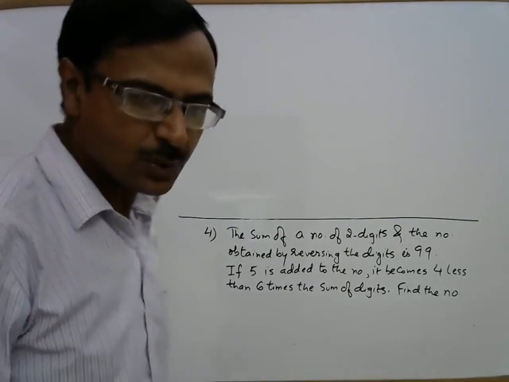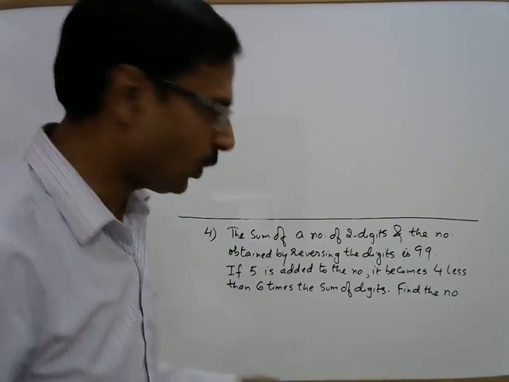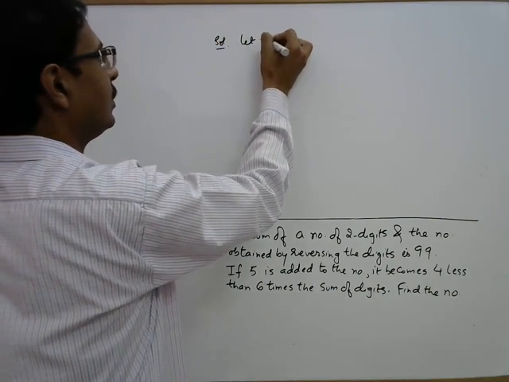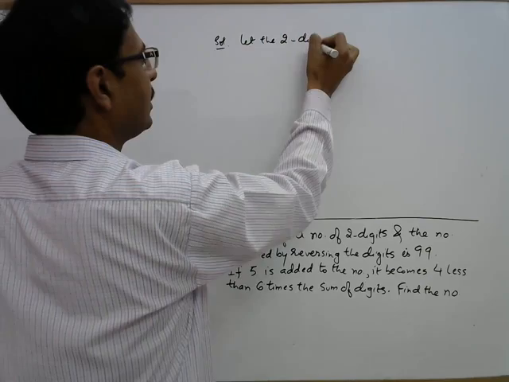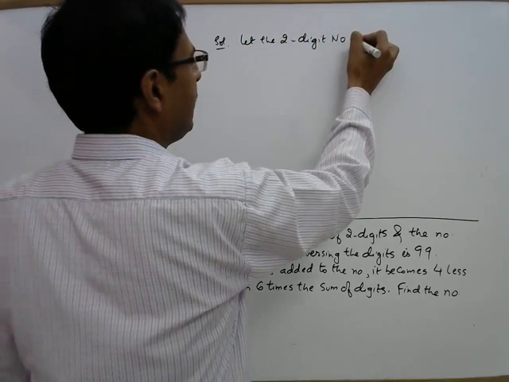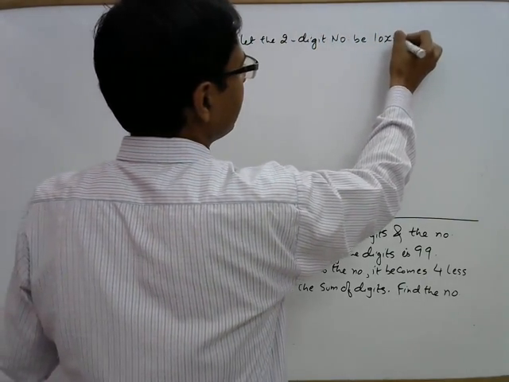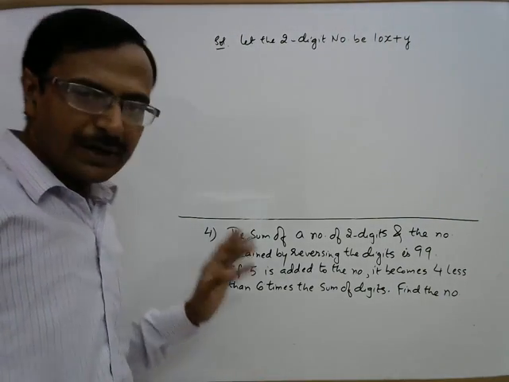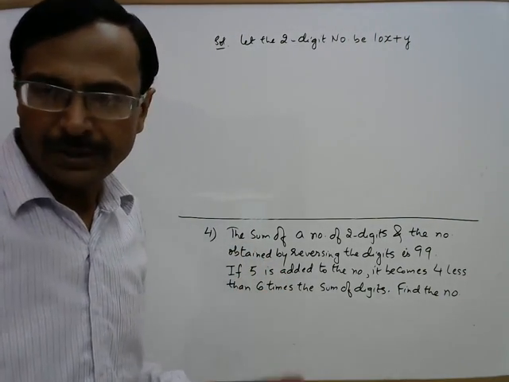Let us assume the number as 10x plus y as we always do in such questions. So let the two-digit number be 10x plus y. Now let us study the statement to obtain the equations.